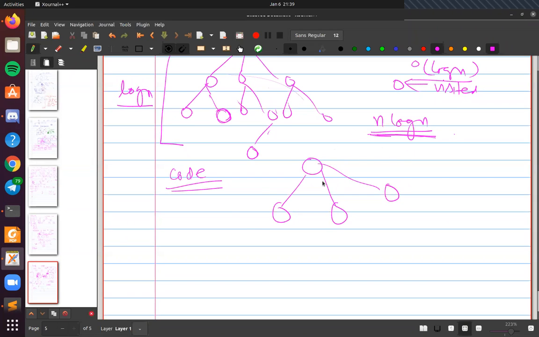So let's say these are my nodes. One will have 2, 3, 6. This is the adjacency list. Two will have nothing. Three will have 4, 5. Six will have nothing.